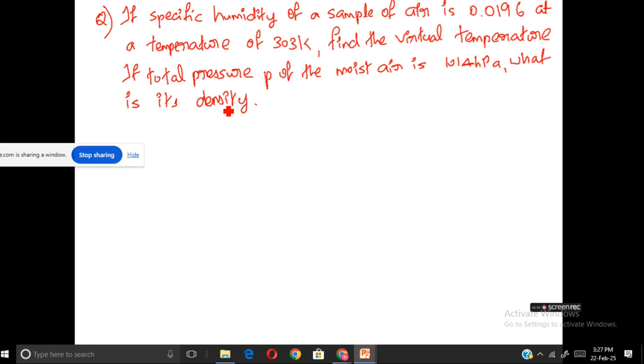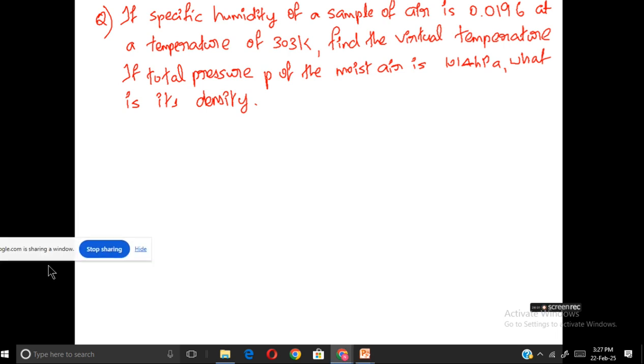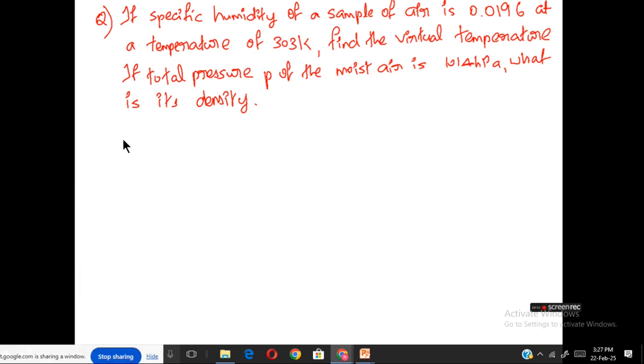Okay, so the first part of the question: the specific humidity of a sample of air is given.